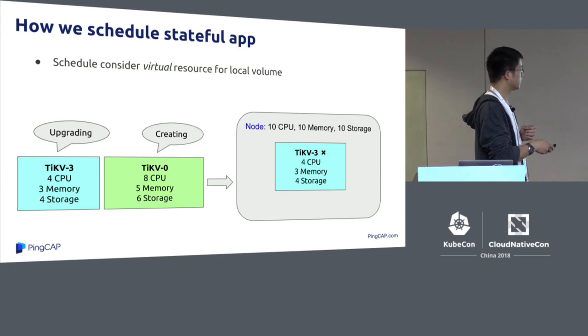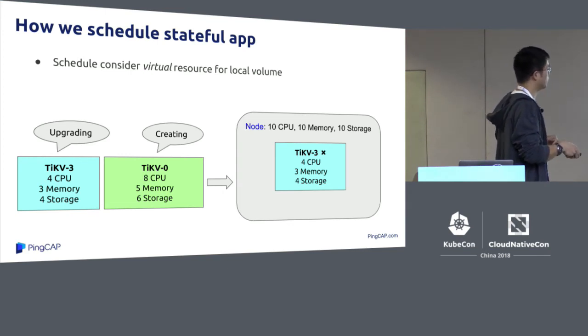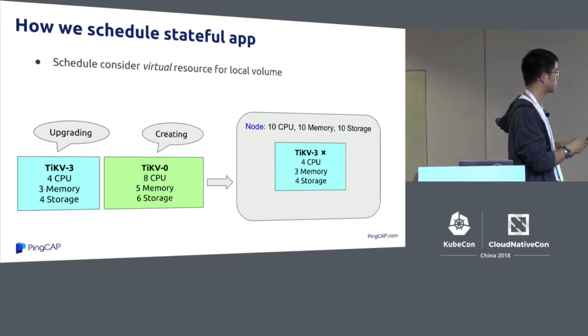We reserve at least 4 CPU and 3 memory when other pods are scheduling on this node, so they still count 4 CPU and 3 memory as occupied.